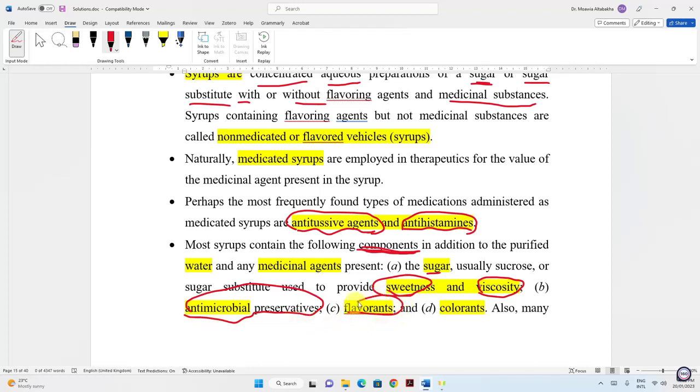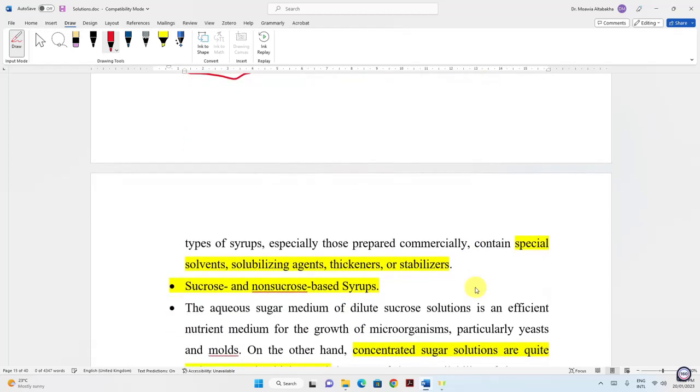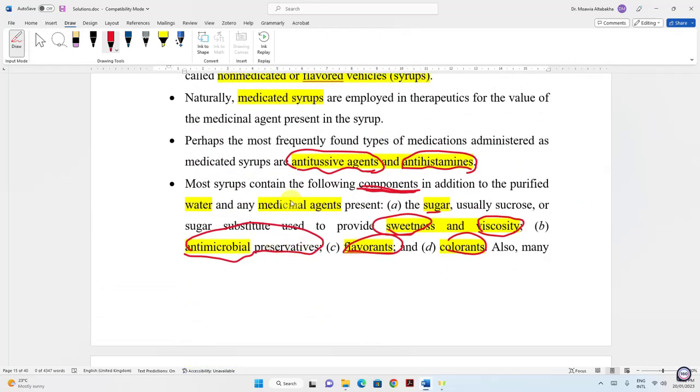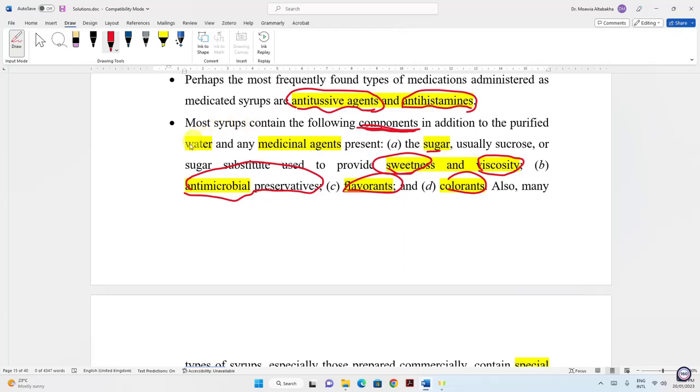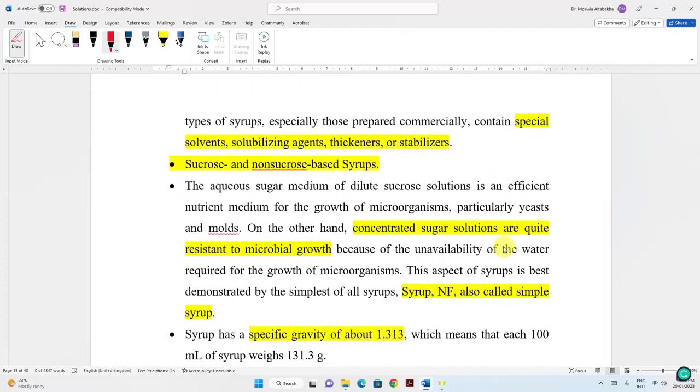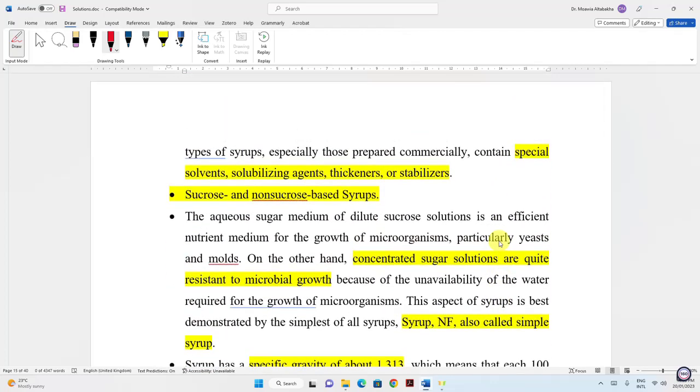It can contain flavoring agents, coloring agents, stabilizing agents, solubilizing agents, thickener, etc. That is of course in addition to the drug. إذن هو عبارة عن purified water مع drug and these components, because you know that it will be given orally, so it's better be sweetened and flavored. طيب, the source of sweetness is usually sucrose, but it can be also non-sucrose based syrups, whether it's artificial sweetener, or maybe sorbitol or something different.